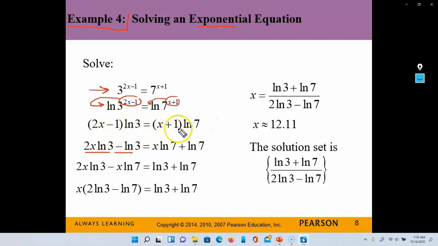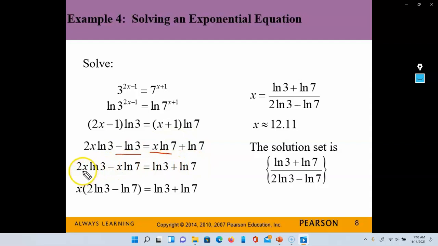And then the same thing to the other side. Now, what do you notice? You want to get all the x terms over to one side and all the non-x terms over to the other side, and you do so by just transposing.